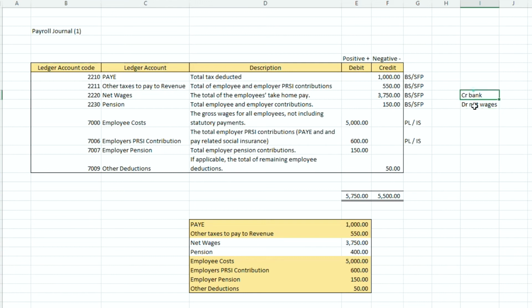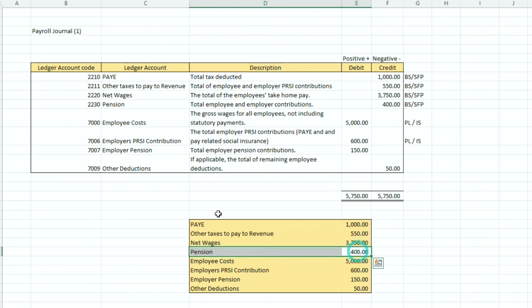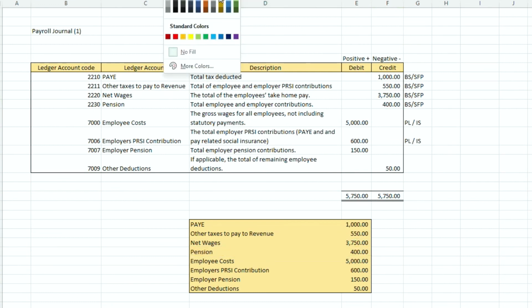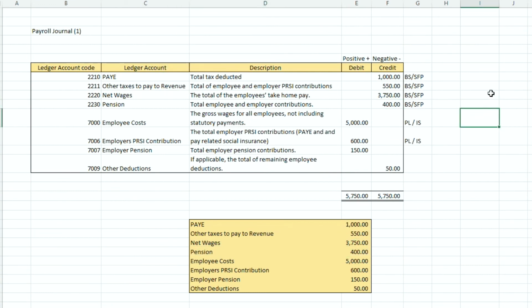Finally, we've got this pension of £400, so that is going to be the employees' and the employer's pension contribution. We've already put £150 up here for the employers. So what we need to do is £250 for the employees and the £150 for the employers. Again, the reason why that is a credit is because that's an amount due to the pension provider, whether that be Scottish Widows or Nest or whoever.